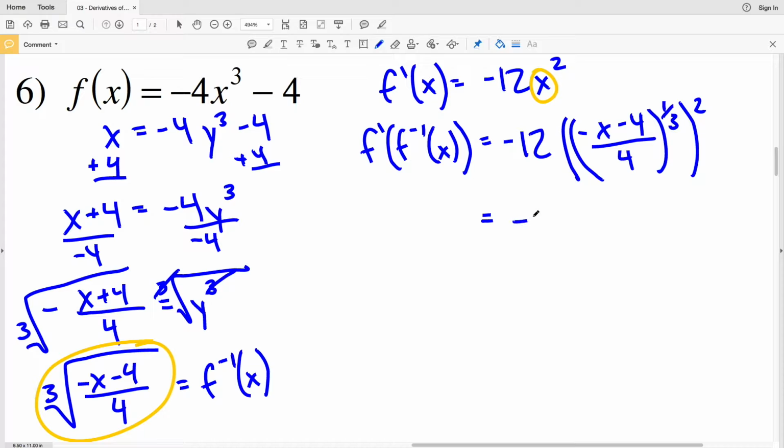So this will equal negative 12 times (negative x minus 4) over 4 raised to a power of 1/3 times 2, which is 2/3.